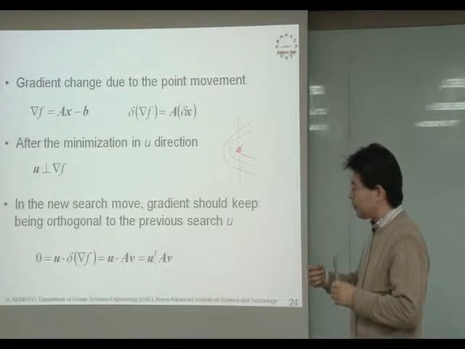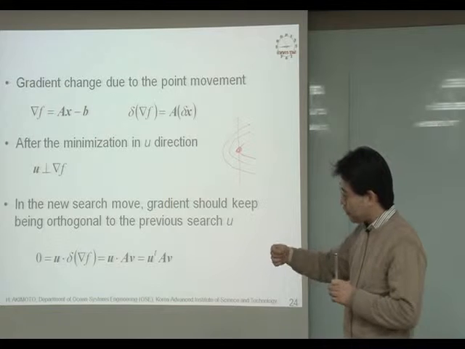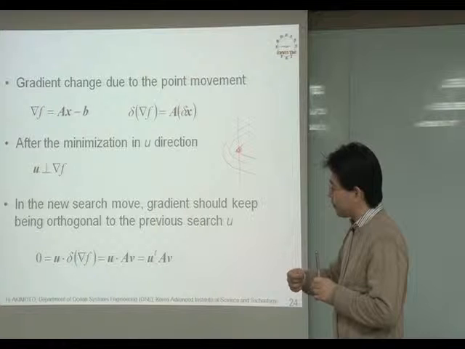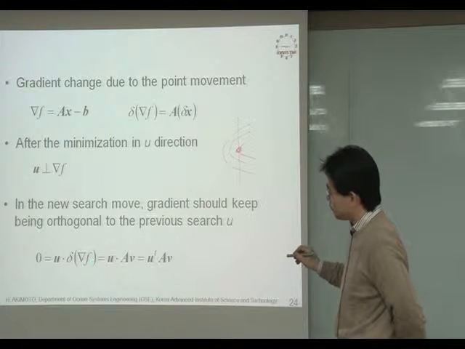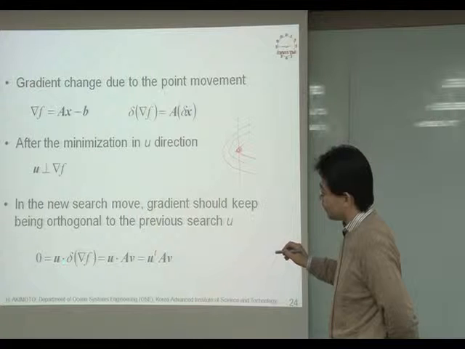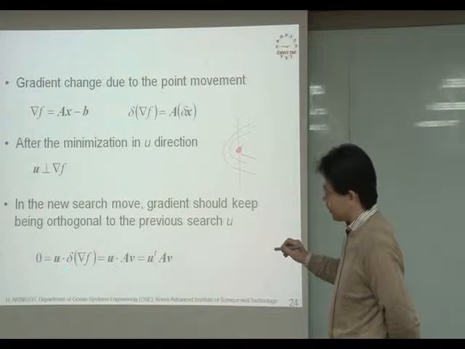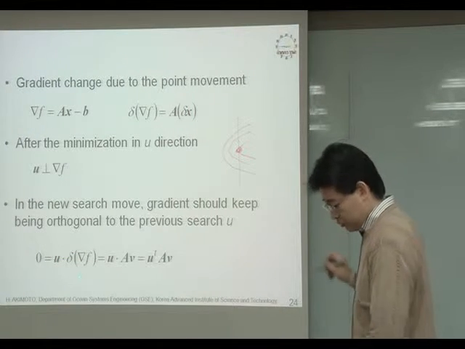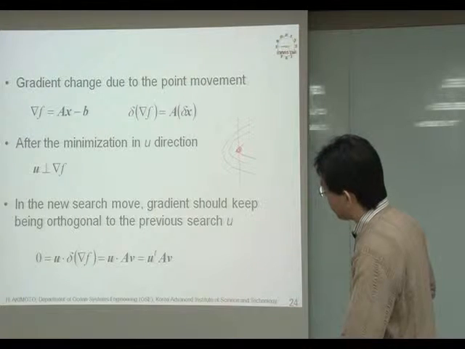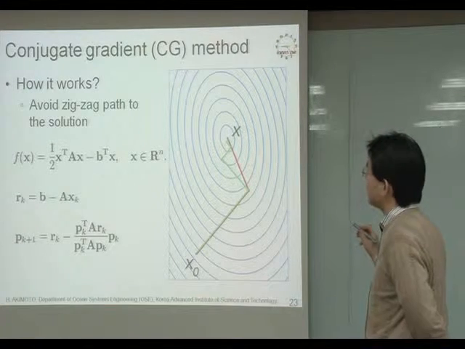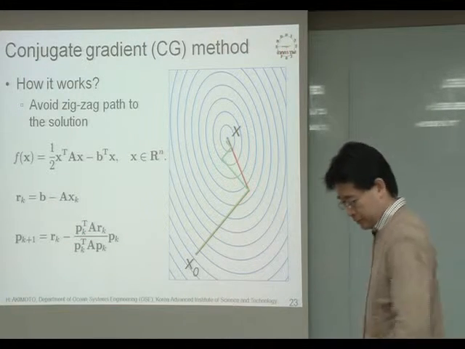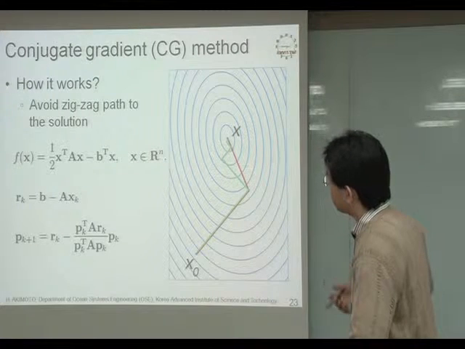The gradient vector can be elongated or shortened, but it should always be kept orthogonal. So this condition is that the change of gradient is orthogonal to the previous search direction. Okay. Anyway, this condition will be satisfied if you use this conjugate gradient selection of the new directions. It is the basis of this method.